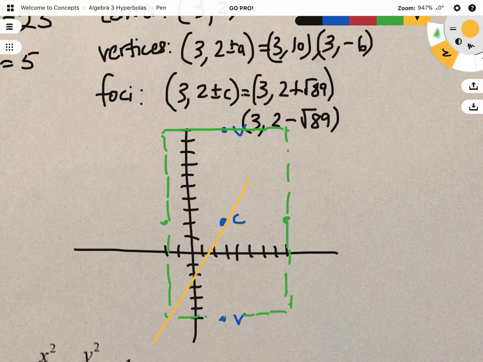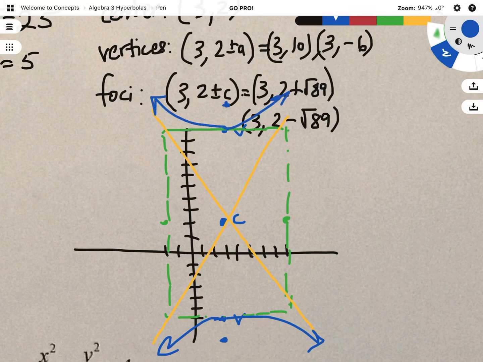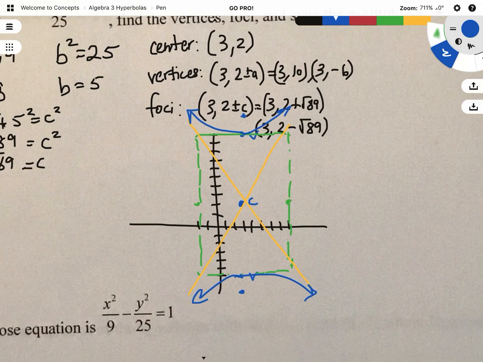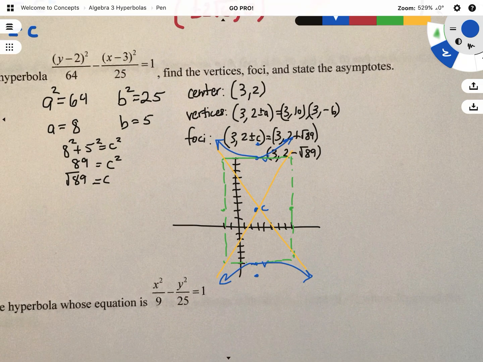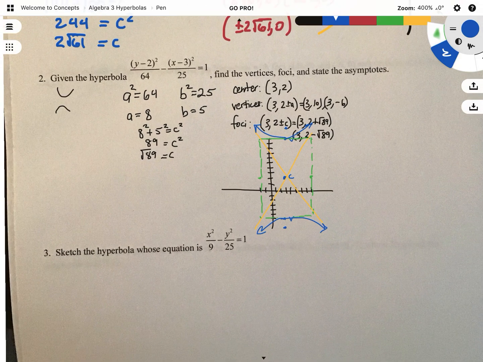Then we can connect those so it looks like that and that. And then the foci are outside here somewhere. I'm not going to graph that accurately for now. And then we kind of go like that, and like that, and like that. And there we go. And there is our beautiful graph on top of our work.